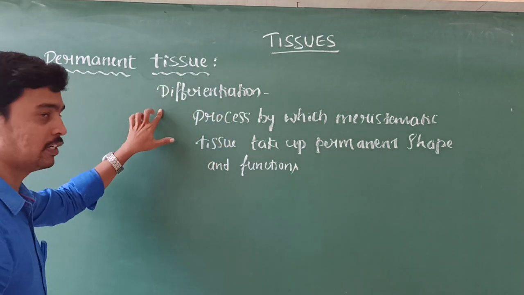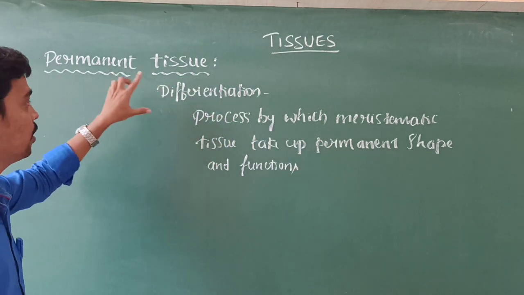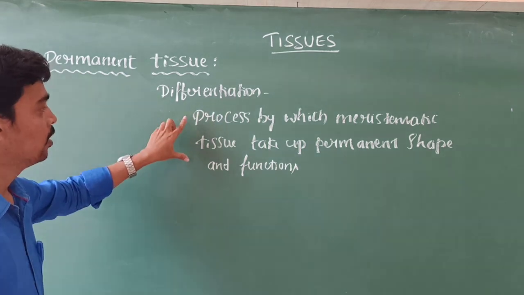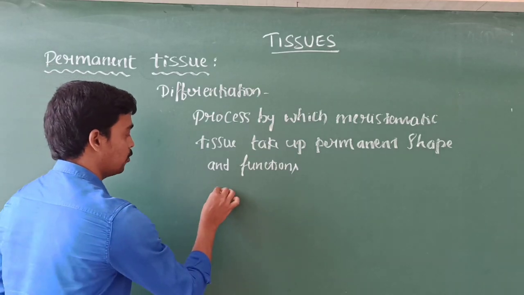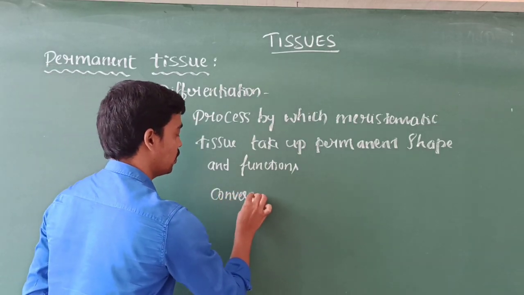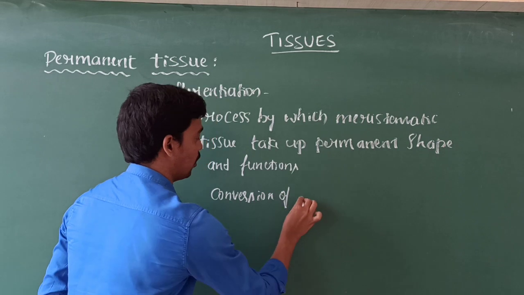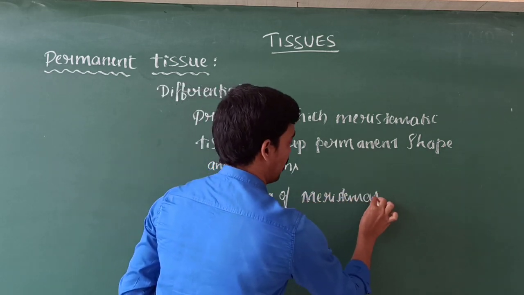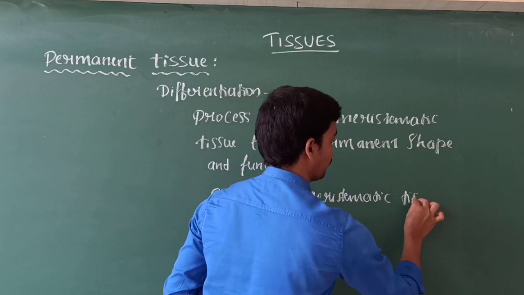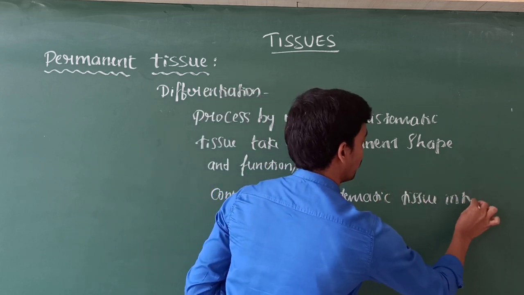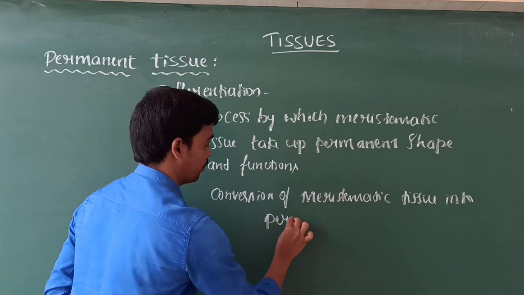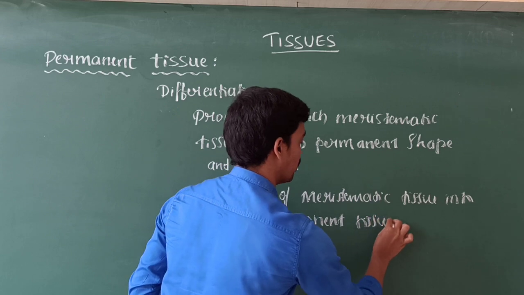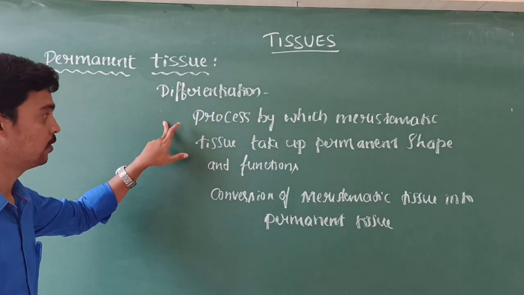By the process of differentiation, the meristematic tissue is converted into a permanent tissue. This is differentiation. In another definition, it is the process of conversion of meristematic tissue into permanent tissue, which is called differentiation.